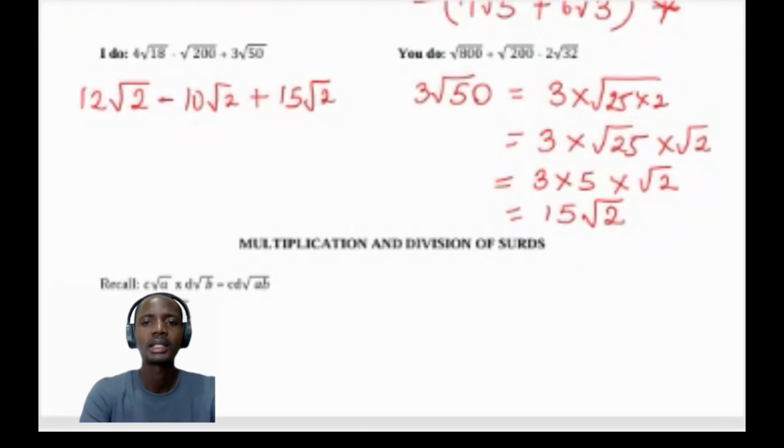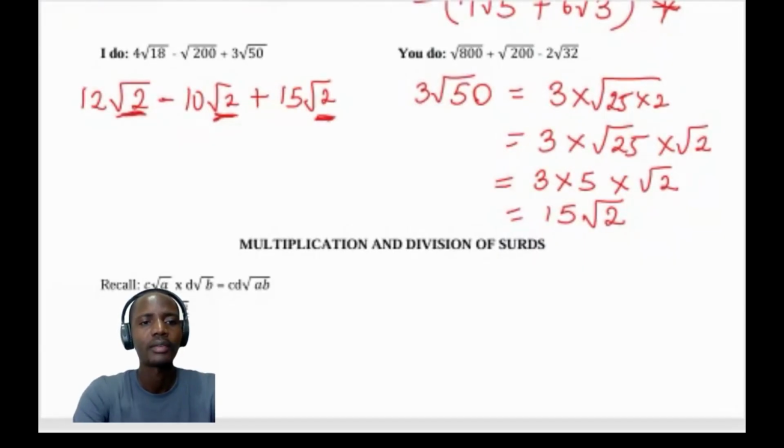Now looking at this, the question is, are they similar? Yes, they are similar. The radical part says root 2, root 2, root 2. So it means they are similar. So we can now have 12 minus 10 plus 15, right?